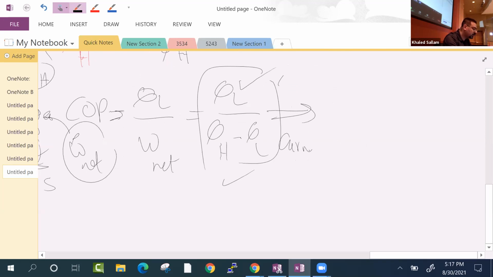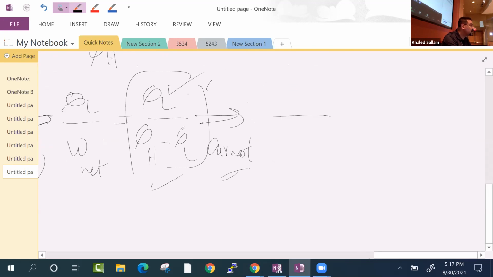But for the Carnot cycle specifically, because of the shape of the cycle, because of that rectangle, this becomes, what do you think? Give me a guess. What does this translate to?